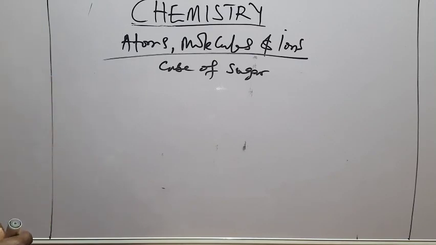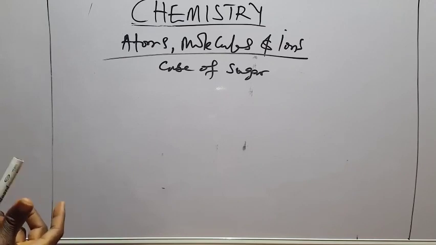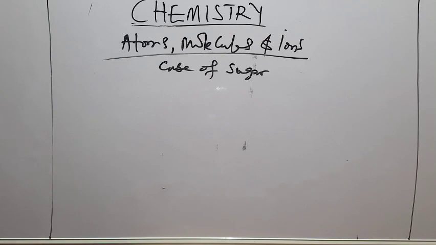That smallest one can also take part in a chemical reaction. Physically, it might not be further divisible, but chemically it can be divided. So that is an atom. The smallest part of any substance or any element that can take part in a chemical reaction is called an atom.